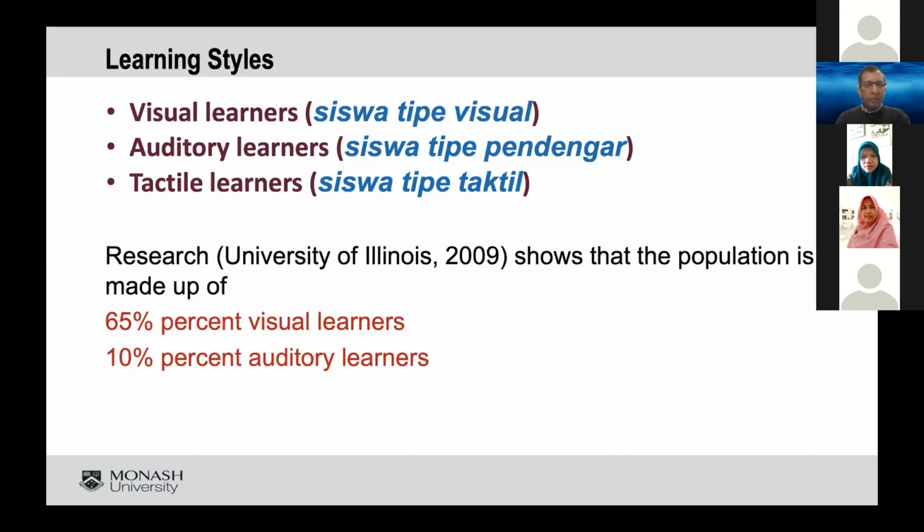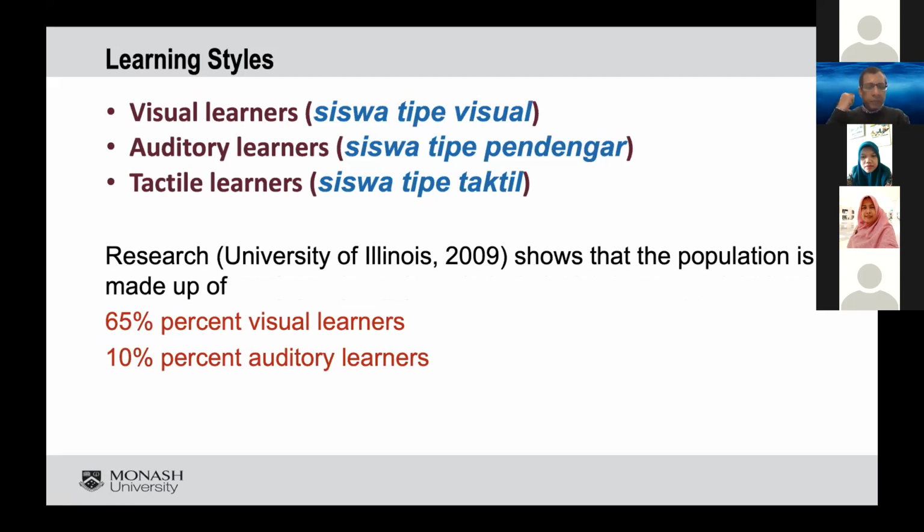So here is an interesting thing. There is a research we had about 10 years ago, which showed that 65% of learners are visual and 10% are auditory.